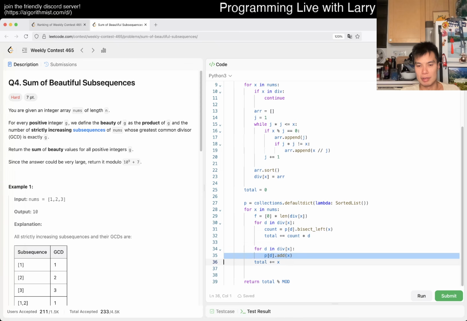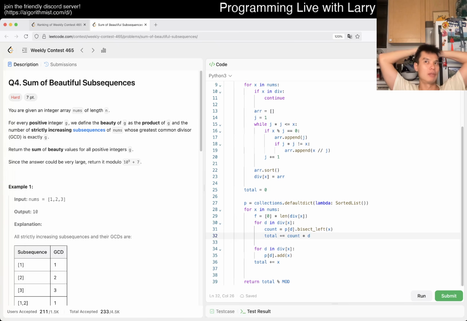Maybe I should add itself. I guess the way that I did it doesn't matter. It should be count plus 1 maybe, if you want to handle it that way for itself.